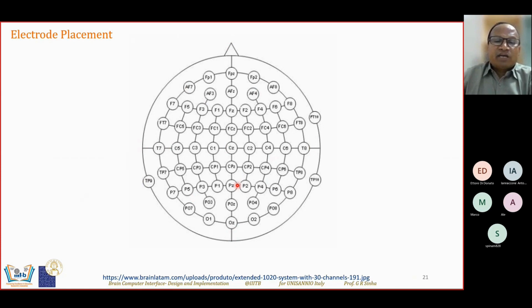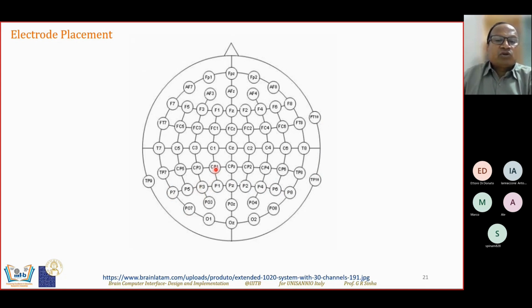Accordingly, for the parietal lobes, you see here P1, P3, P5, P7, and this one is on the center. The even numbers 2, 4, 6, 8 are on the right side, and look, the odd numbers are on the other side.